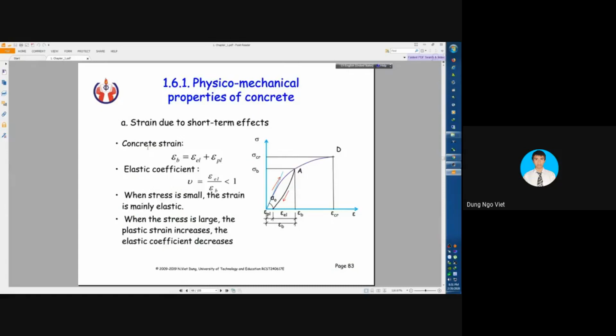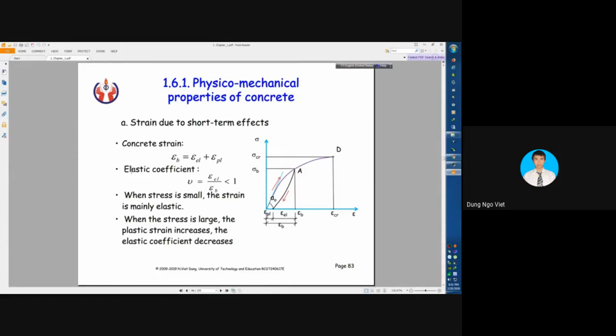And here we can calculate the concrete strain. The total value of concrete strain, epsilon B, is equal to the summation of the elastic strain epsilon EL and the plastic strain epsilon PL.